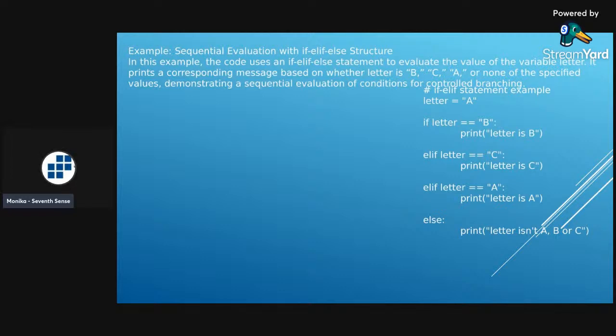So what we have to do is demonstrate a sequential evaluation of the conditions for controlled branching.